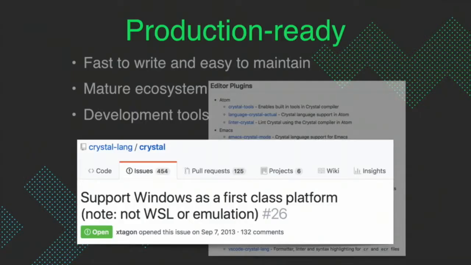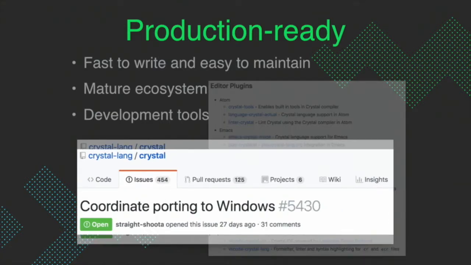And this issue was created in 2013, which is half a year before the first release of Crystal. But the good thing is that it's now getting a lot of attention. It's the main focus in the current iteration, so we should see it quite soon.